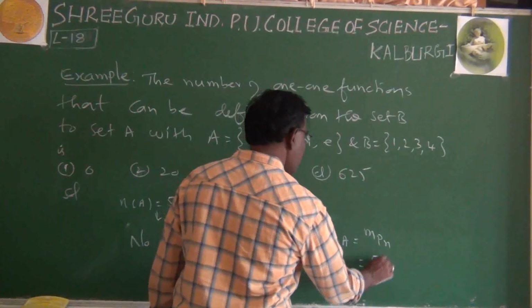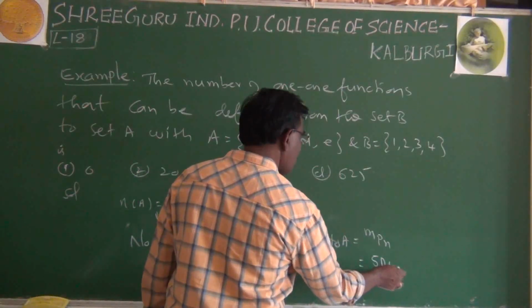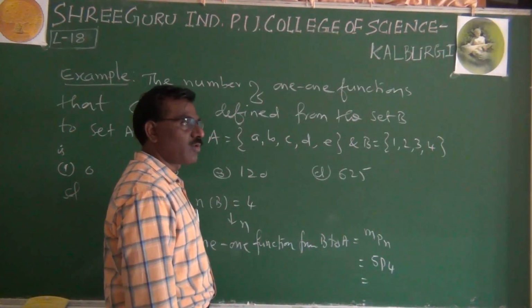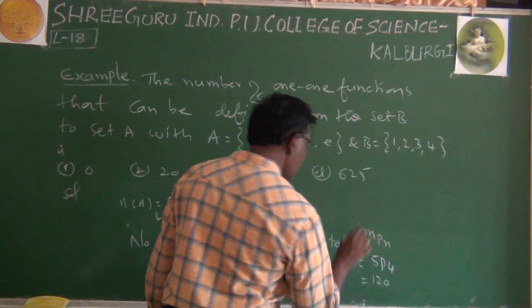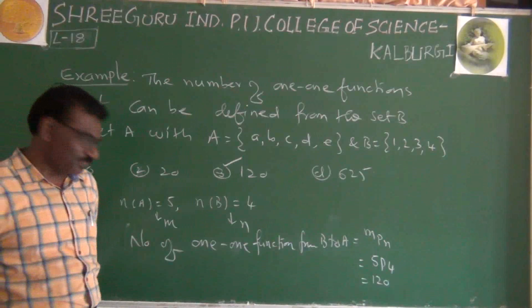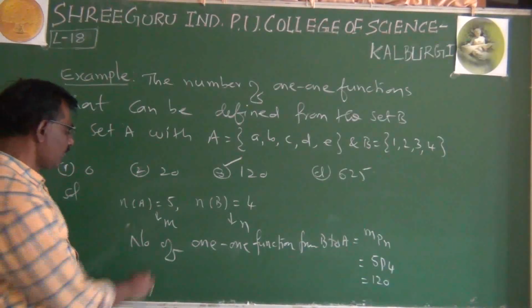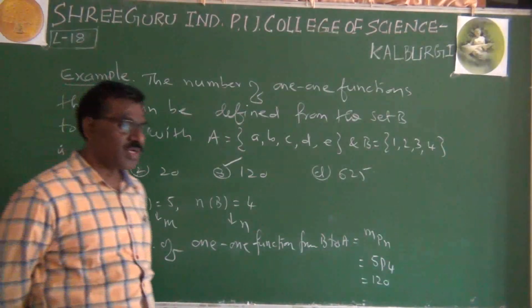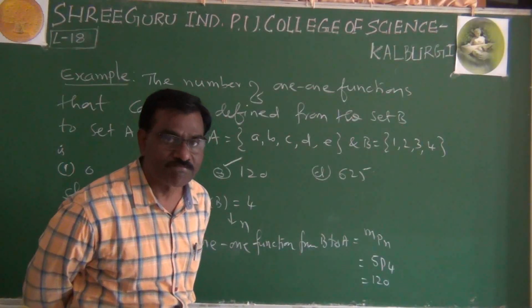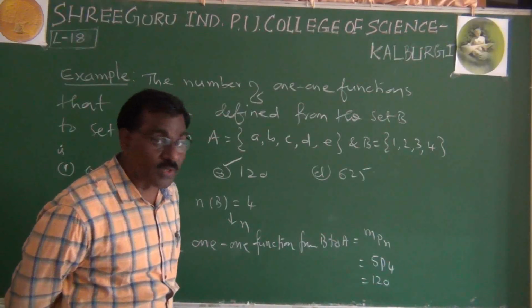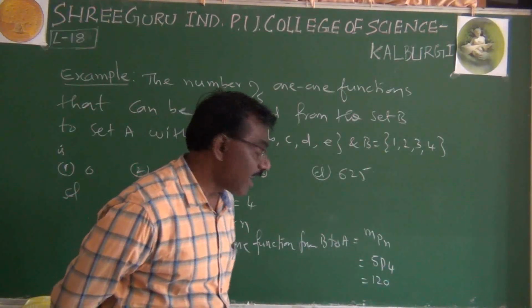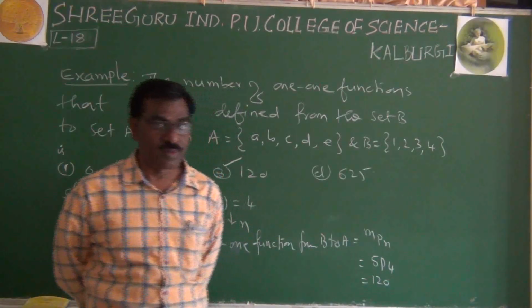So 5P4, that is 5 factorial by (5 minus 4) factorial, which is 5 factorial by 1 factorial. I think 120 is the answer. So the third option is correct. Students, I am asking the question, don't confuse, please. The number of one-one functions from B to A is mPn. B to A means m.